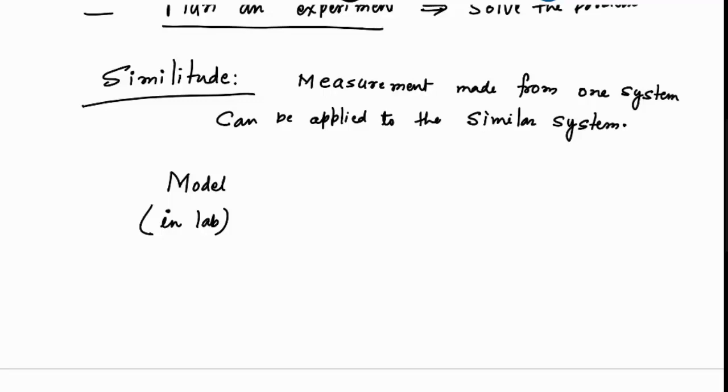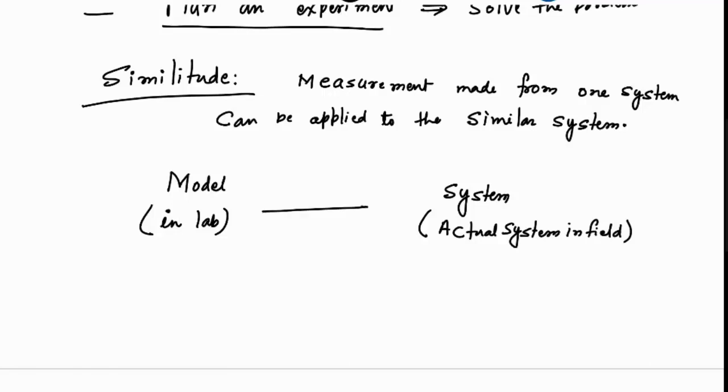The other system you can have a prototype, the actual system in the field. So you have two systems: one is your model in the lab, and another is the actual system in the field. Now these two can be related using similitude.